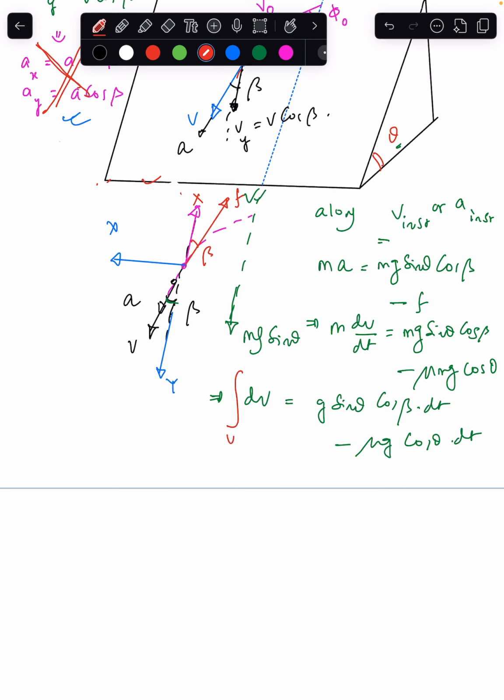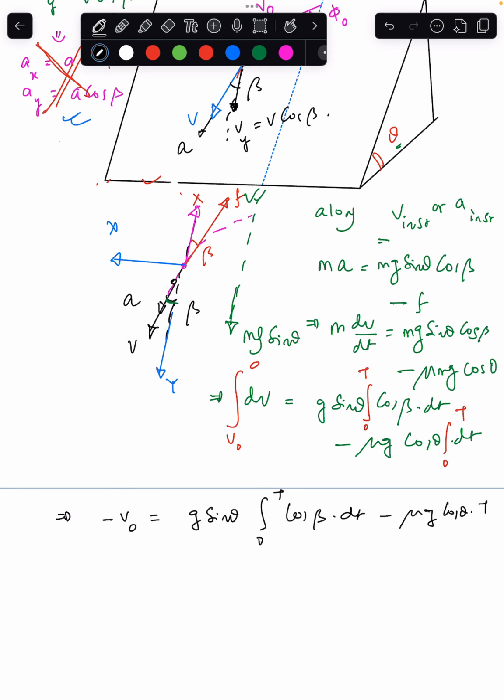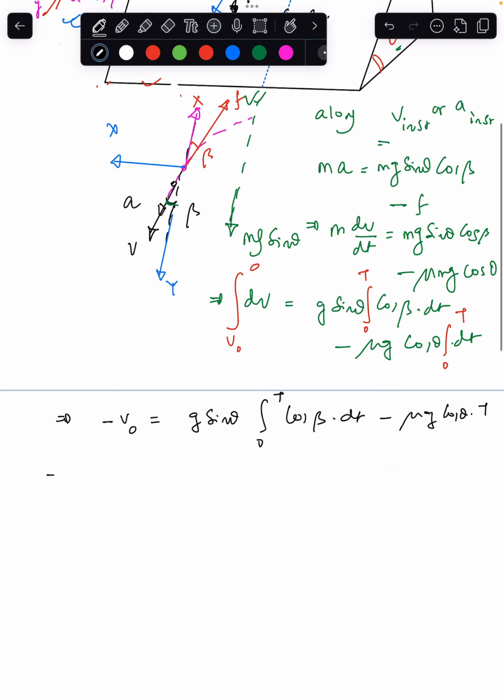This result is going to become v naught to 0, right? And this integration of dt, 0 to t, is also going to become 0 to t. So if I substitute the result over here, what I am going to get: minus v naught is equal to g sine theta integration 0 to t cos beta dt minus mu g cos theta into capital T. So I will segregate this result from here.